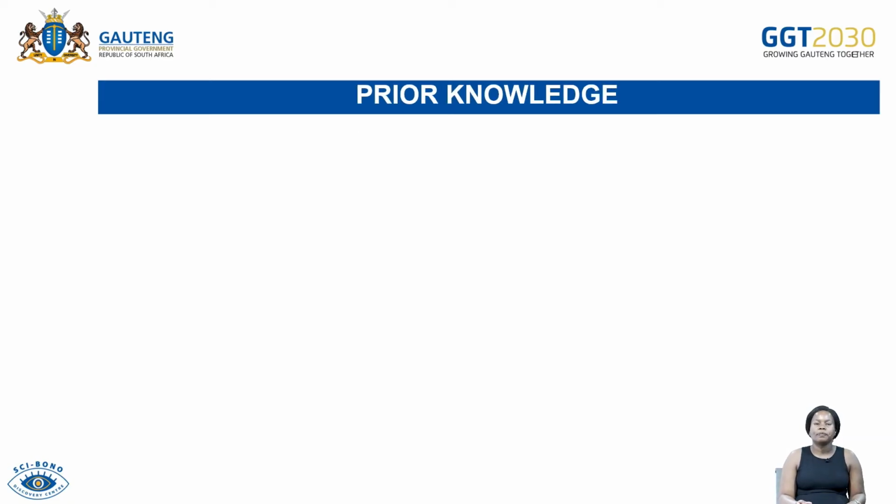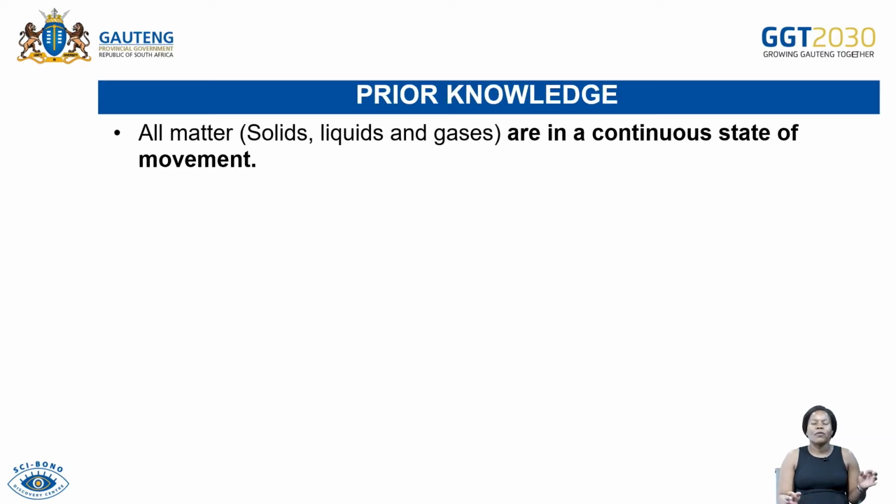By now, from grade 10 content, we should know that matter can exist in three phases: that is solid, liquid, and gas. All matter, whether it is solids, liquids, or gases, is continuously in a state of movement.